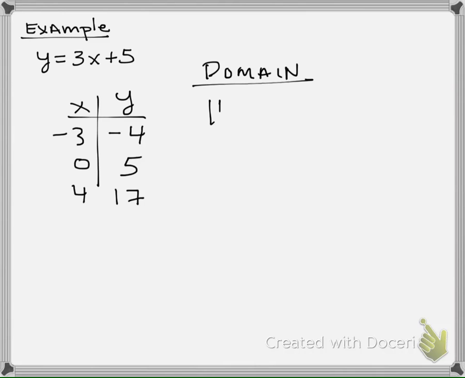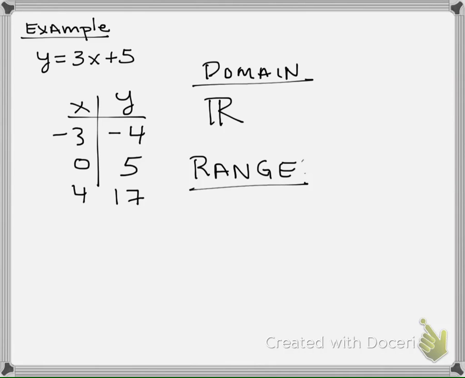And I'm going to use this symbol to represent all real numbers. The range is asking the question, well, what values of y am I going to get out? So the values of y that I get out are also going to be any number.